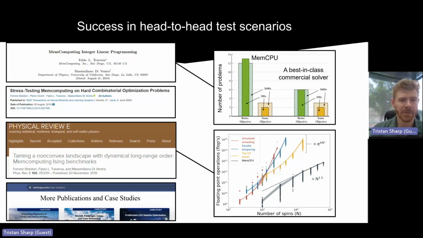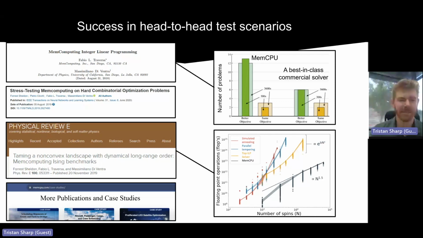We have a number of papers where we've tested this approach to solving optimization problems. I picked one more example here where it's computing the ground state of certain Ising models, and you can see that the y-axis is essentially mapped to time, and so lower time is better.